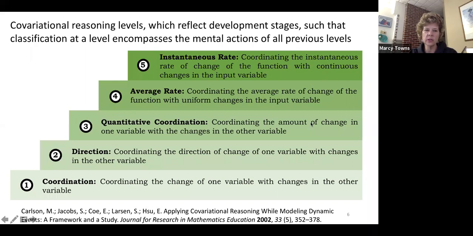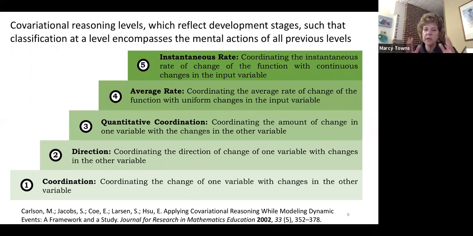So in terms of covariational reasoning, Marilyn Carlson is usually the person that you see cited, and you often see this framework that she has developed. The idea is that, for example, if a student can engage at level number 3, they can coordinate the amount of change in one variable with changes in the other. They can do level 2 and they can do level 1. But what they can't do is think about an average rate and an instantaneous rate.